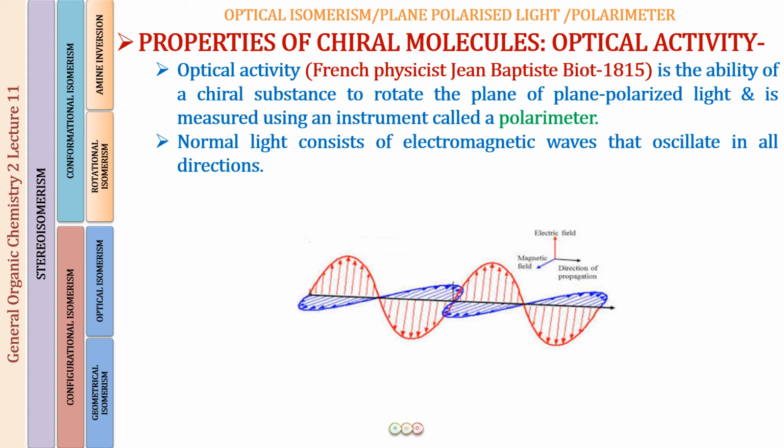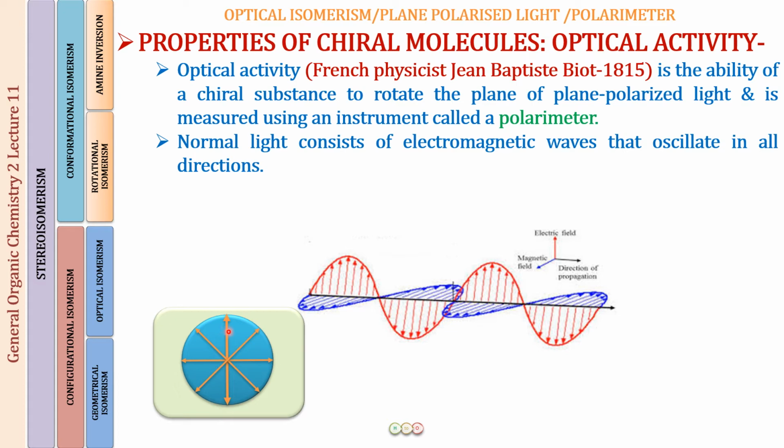So if we stand at, for example, one point, and if we could see the electric field oscillations, we would find that these oscillations are going to be in all directions, and the magnetic field is going to be perpendicular to the oscillation of the electric field, and the normal light is propagating perpendicular to both fields.